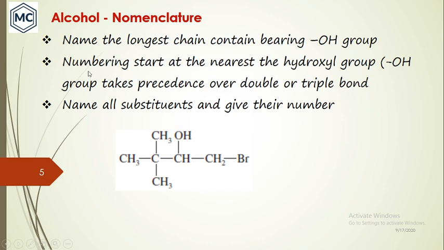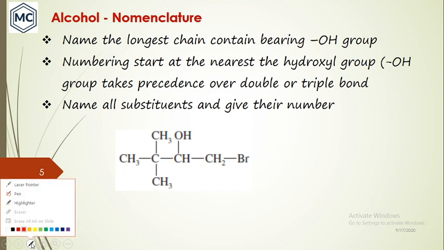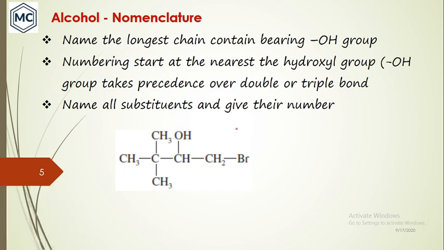Next is numbering. We should start at the end nearest to the hydroxyl group. Also, the hydroxyl group should take precedence over a double bond or triple bond. We have to give more preference to the hydroxyl group than to a double or triple bond.